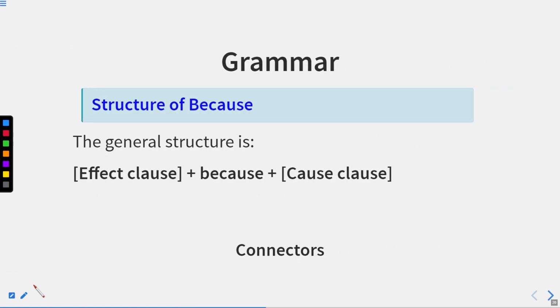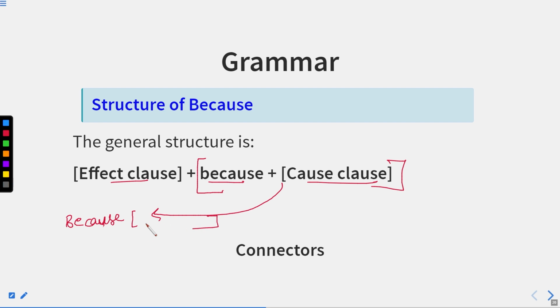The structure of because. Now what is the structure of because? As I told you earlier as well, first we have the effect clause, and after that we have because, and after that we have the cause clause. One thing you should keep in mind is that after because we can only have the cause or the reason clause. That is it. Now, if I shift because to the beginning, I will not only use the word because in the beginning. In fact, I will shift the entire clause. That is, after because, I will have the cause clause.